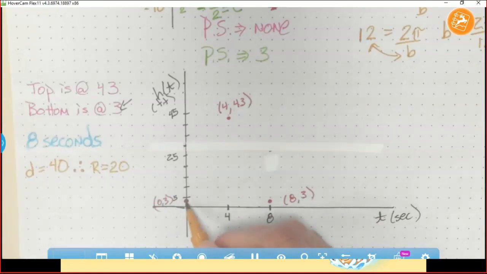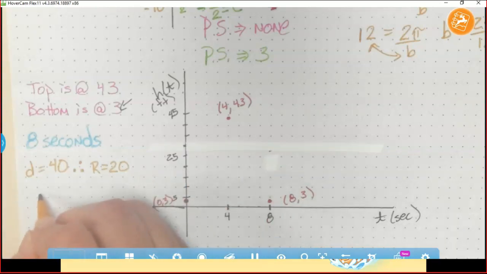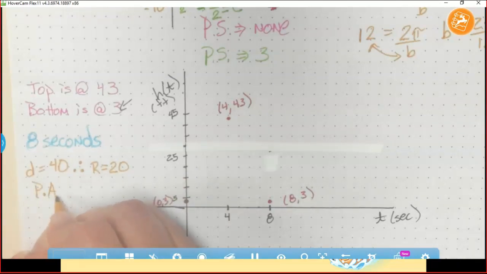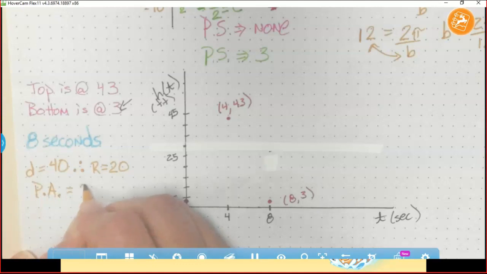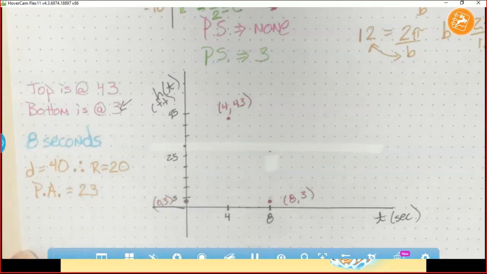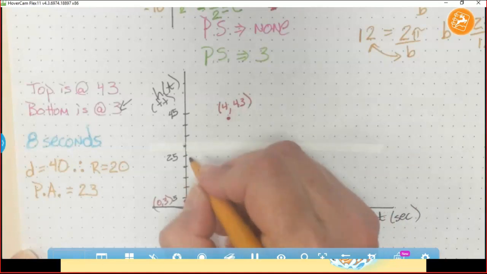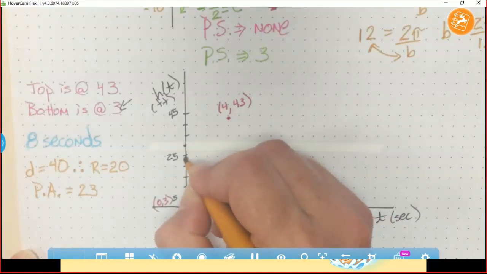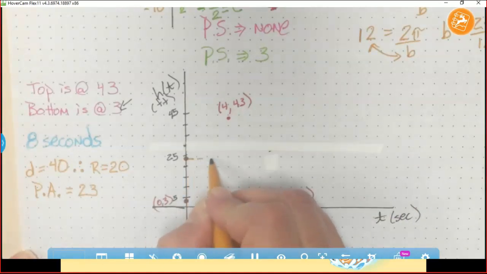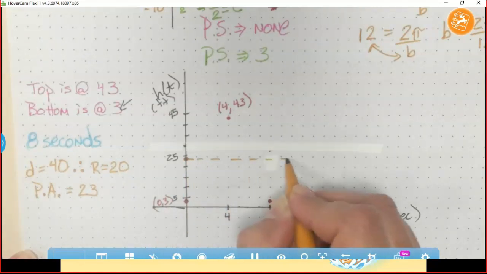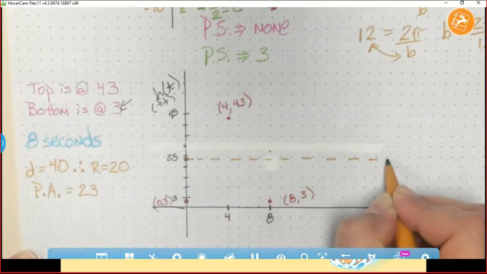So if I'm starting at 3 and my radius is 20, I need to go up 20 spaces from there. 20 spaces added to that 3 gets me 23. So I can say the principal axis of this guy is going to be 23. So that's going to be right here. And I'm going to draw my line there.